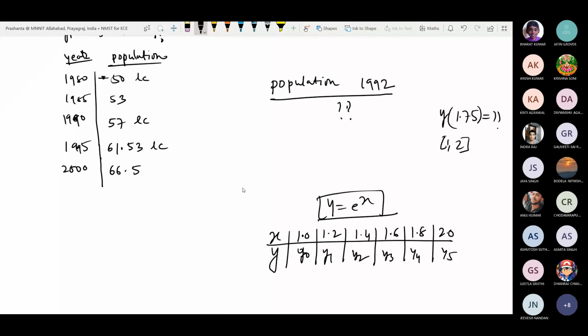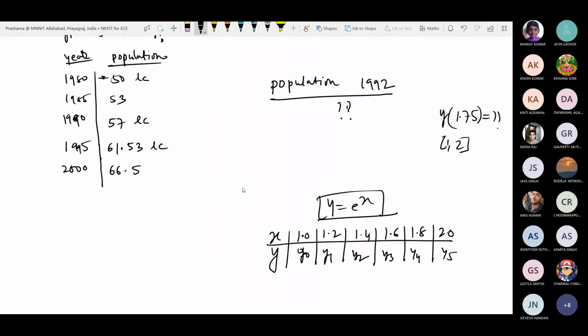Anyway, if I ask you what will be the population in the year 1992, you will make a guess, but that guess is not very good, because you are not considering the nature of all the data points. I'll tell you how to get an approximate relationship.